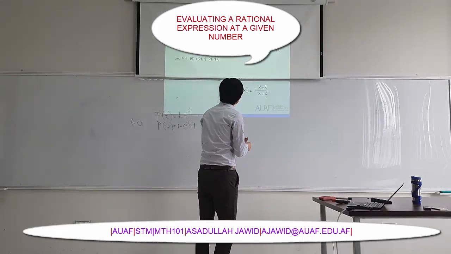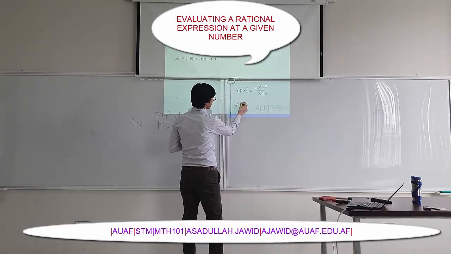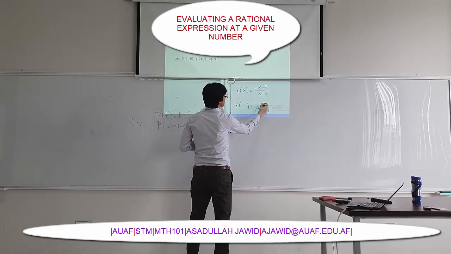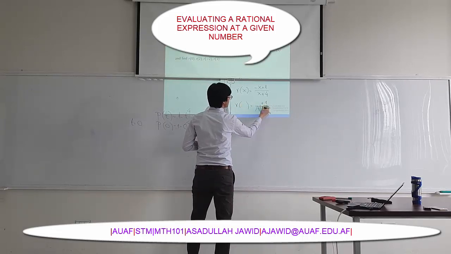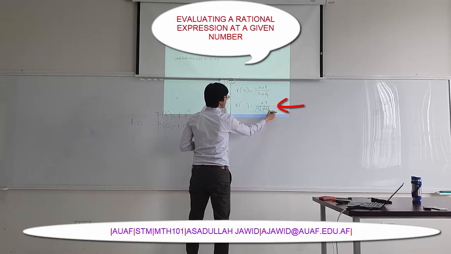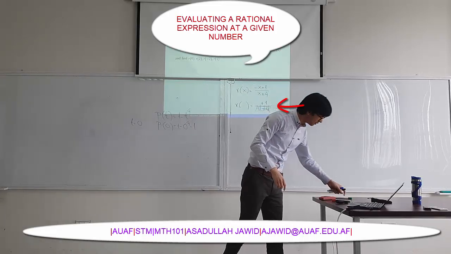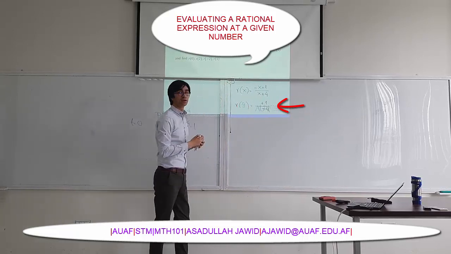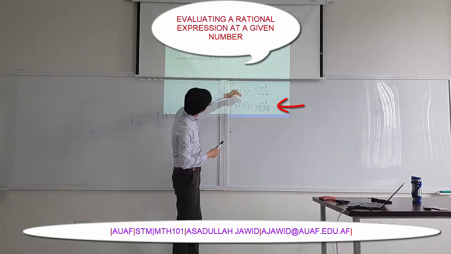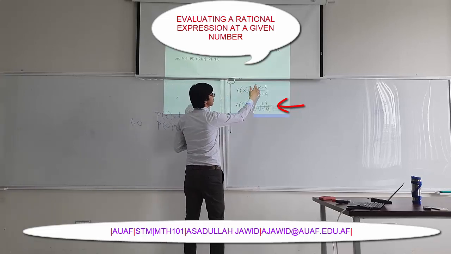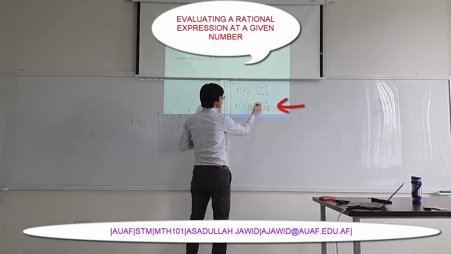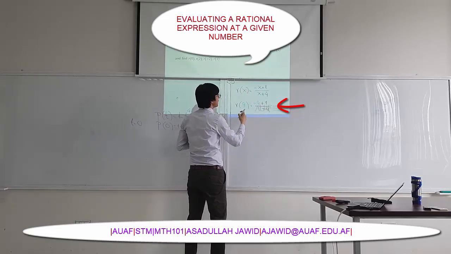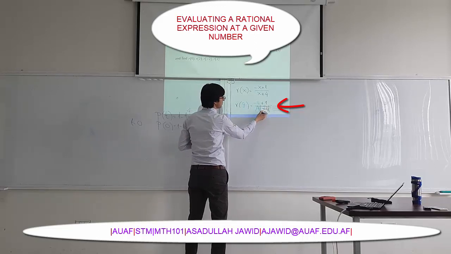Now, if I want to evaluate this at a given number, I only substitute x with that number. Suppose I want to evaluate at x equal to 9. I just replace x with 9 here as well as there. Where there is minus x, I write minus 9. Here we have plus x, therefore I write plus 9.